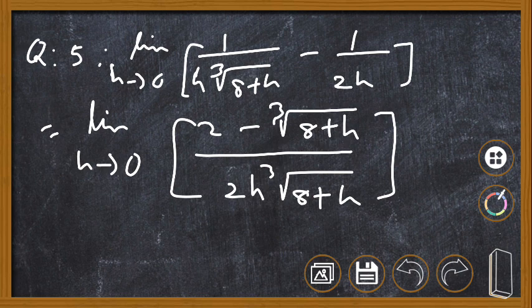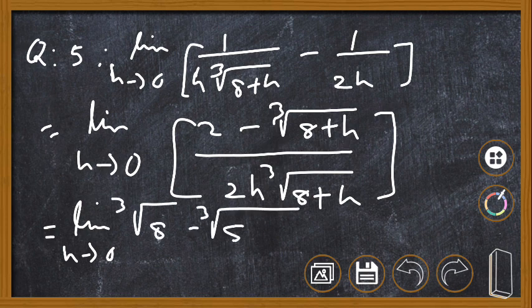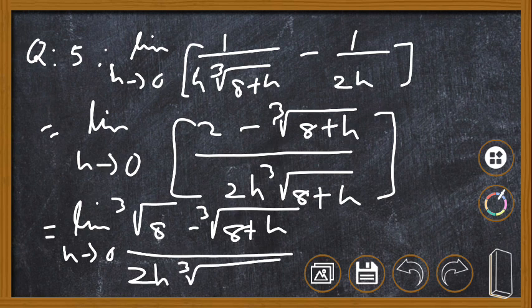So, this is cube root of 8 plus h, and this is also 2. So, 2 can be written as cube root of 8. I repeat. So, limit h tends to 0, I will be writing as cube root of 8 minus cube root of 8 plus h divided by twice h into cube root of 8 plus h. Okay.